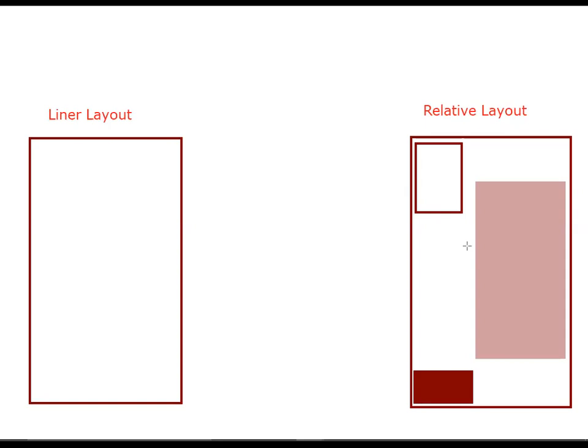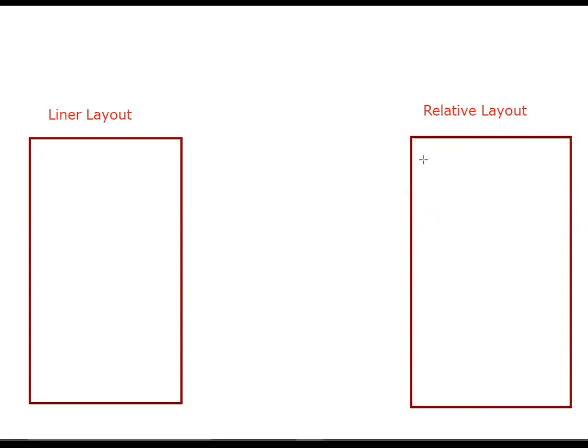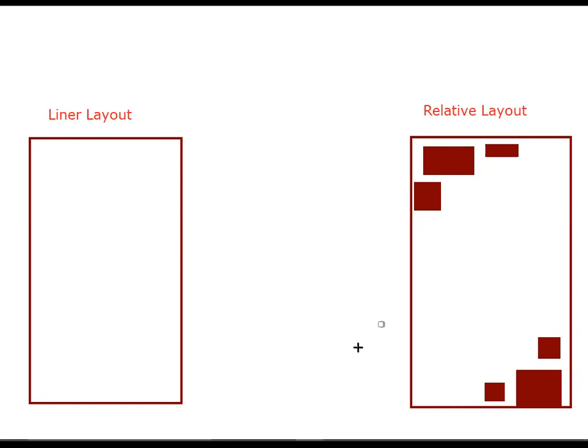You're relating each other. Suppose you have an image here, another image below it, and another image over there, one above it, one right to it. So it depends on the other stuff.